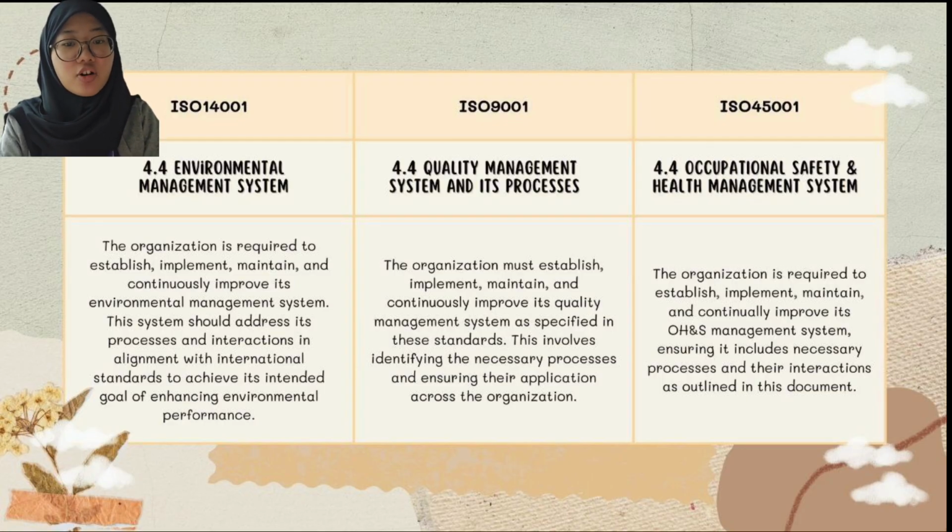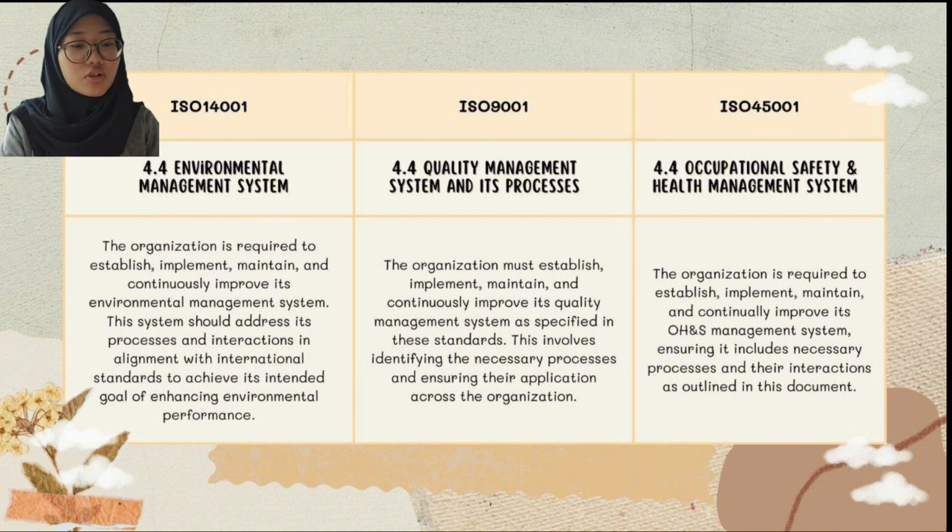Next, we have 4.4, environmental management system, quality management system and OSH management system. The organization is required to establish, implement, maintain, and continuously improve EMS. So the system should address its process and interaction in alignment with international standards to achieve its goal of enhancing environmental performance.